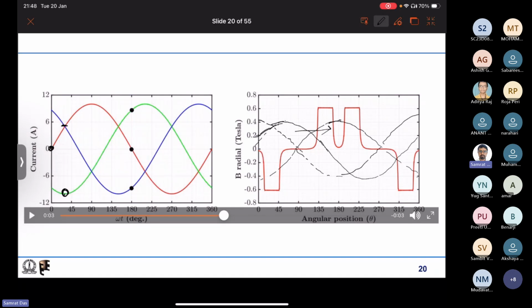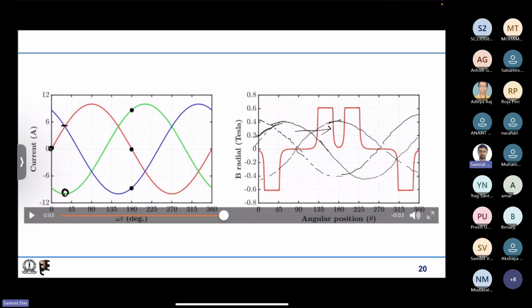So as you can see visually here also, in the B distribution, as you go forward in time, there is a traveling wave, and there is continuous rotation. Because it's a wave, it keeps on changing. So this is the B distribution that you can have.